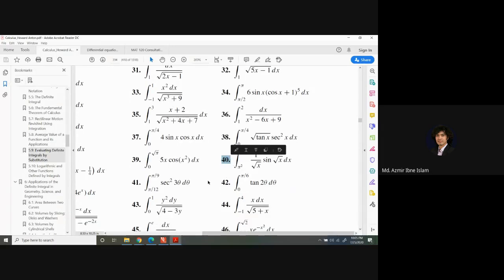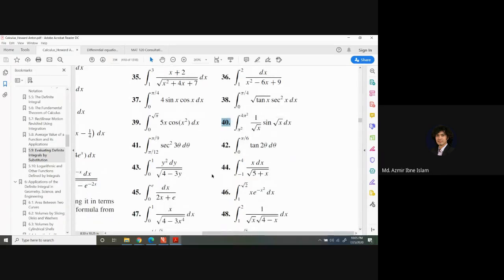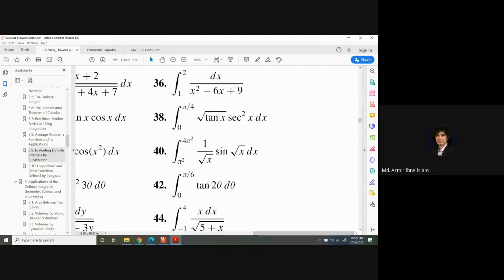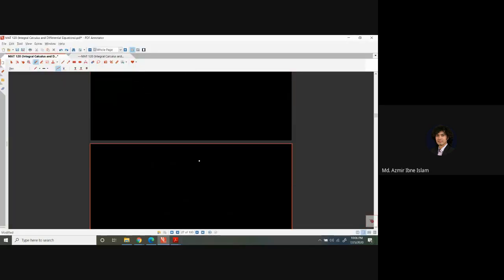Let's say this one, number 40. We have the integral from pi squared to 4 pi squared, and the function is 1 over root x times sine of root x, dx. Let me write this one at first.